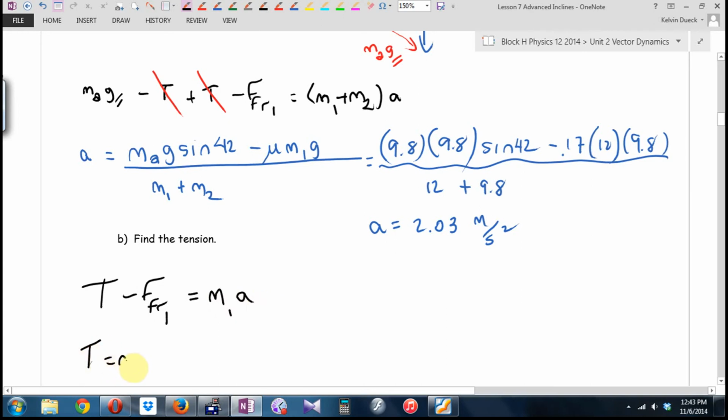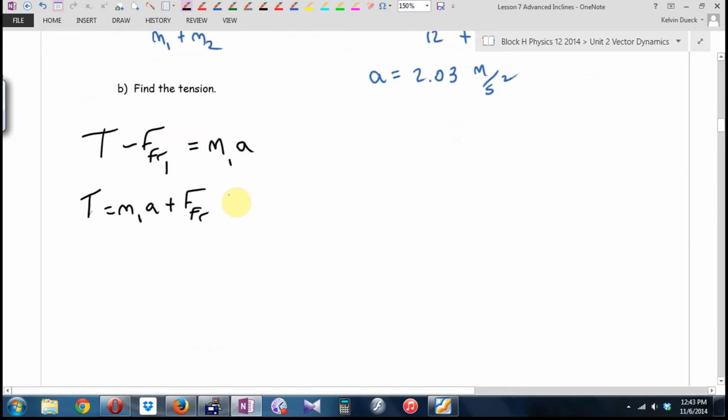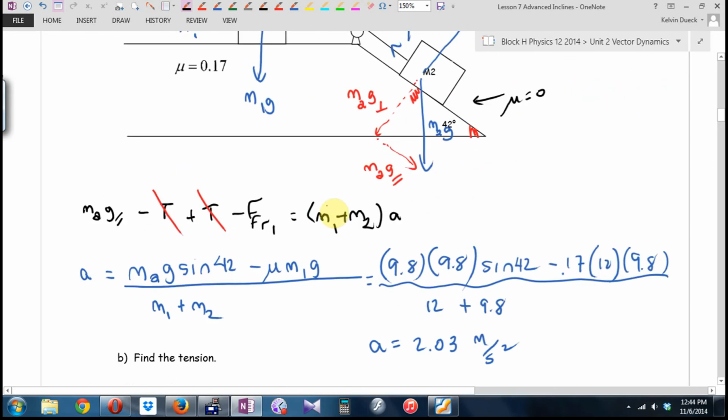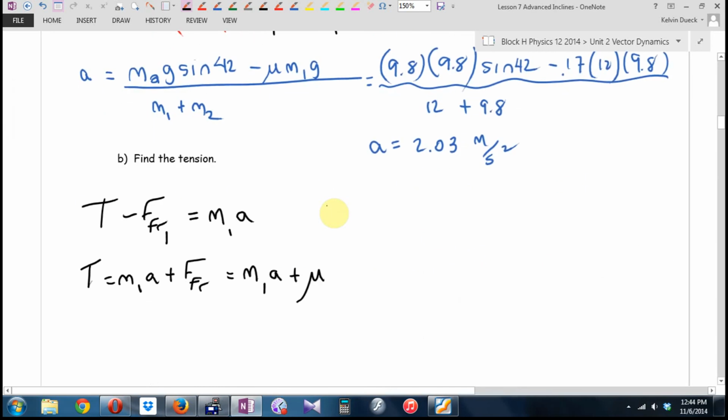Tension is going to be M1A plus friction. It's going to be M1A plus mu times the normal force. I don't know the normal force. Oh, but look. Oh, yeah, we did this already, didn't we? Alon, we noticed it was M1G. Okay, I can do that. What was M1? 12?